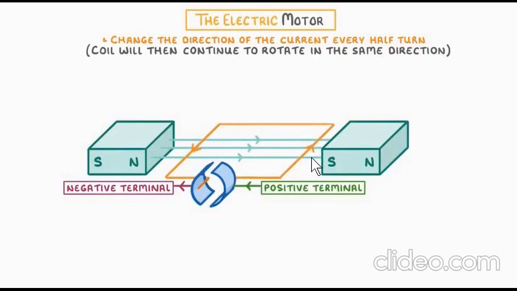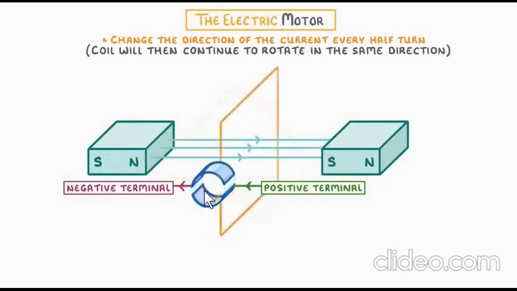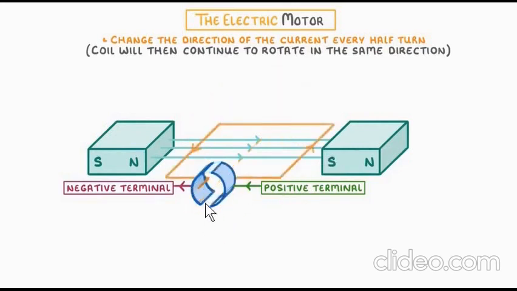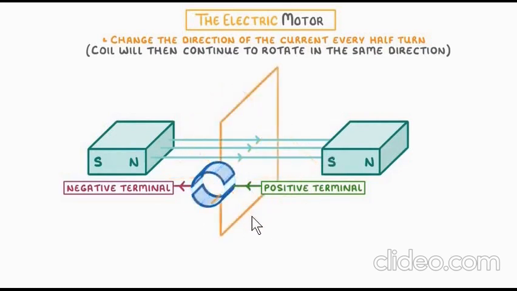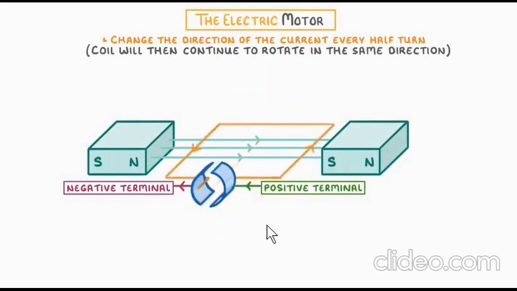This direction is the same as the coil had the current in the start. So the force direction will remain the same, meaning the torque direction will be such that it still rotates in the same direction, that is clockwise. So it will continue its rotation because of this split ring, because this swapping mechanism happens after every half turn, right? I hope you understand it.